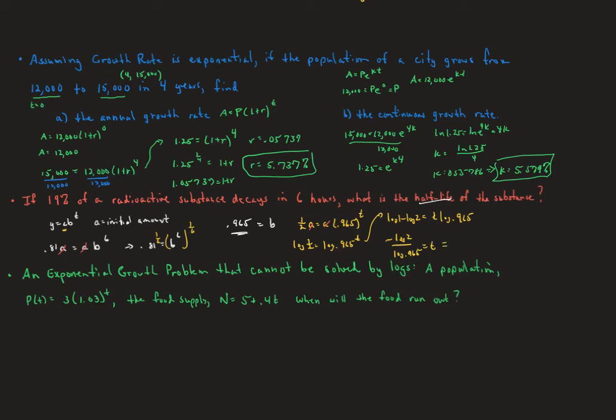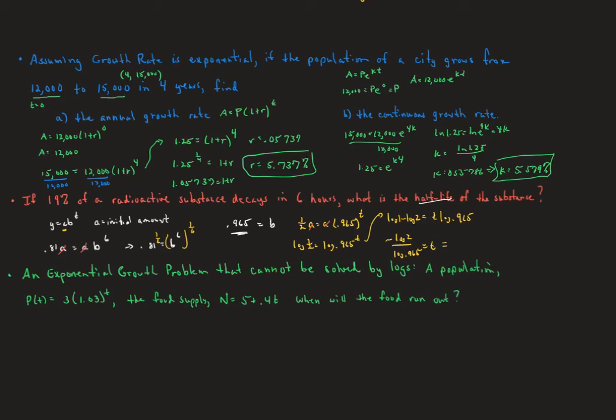Now, when I punch this into my calculator, I'm not going to use the rounded value of 0.965. I'm going to capture that decimal that's on my calculator screen. So I'm going negative log of 2 divided by, I'm going to go up arrow, hit enter. That captures that whole thing. Whoops, I forgot the logarithm. So let me try that again.